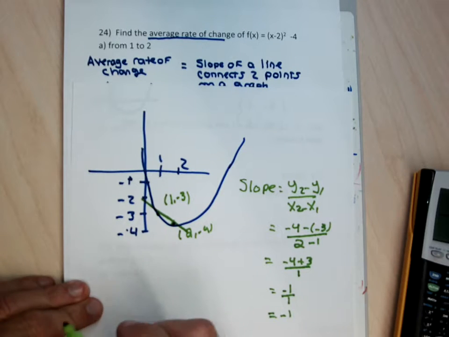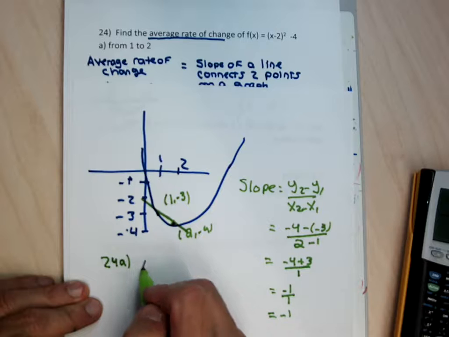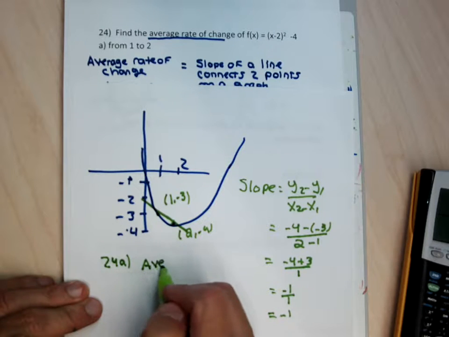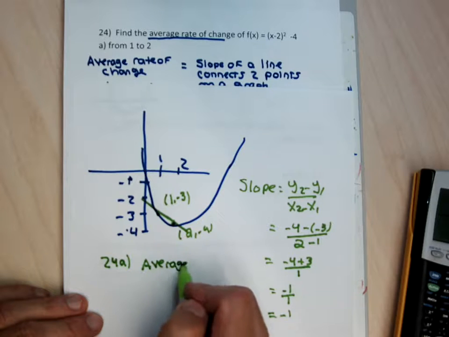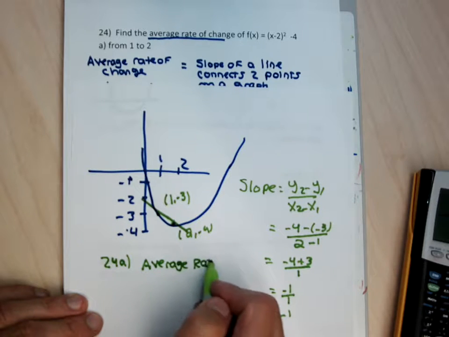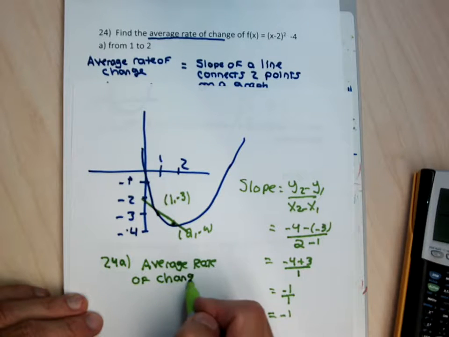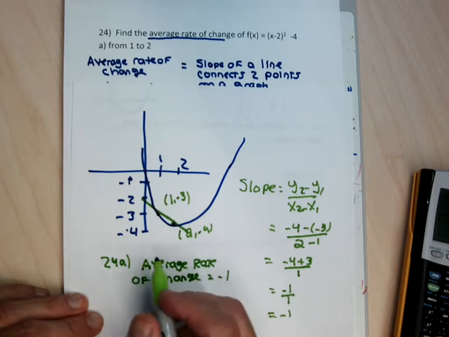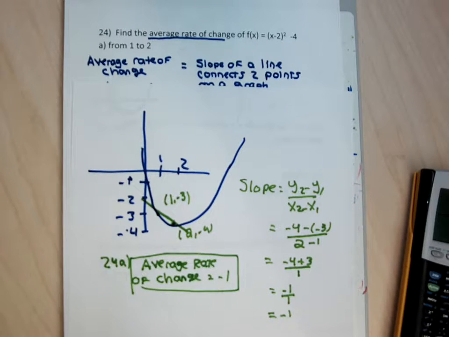So for 24a, the average rate of change between x equal to 1 and x equal to 2 is negative 1. I don't know if that was the best way to start this section, but pictorially, this is what we're trying to do for each of the next two problems.